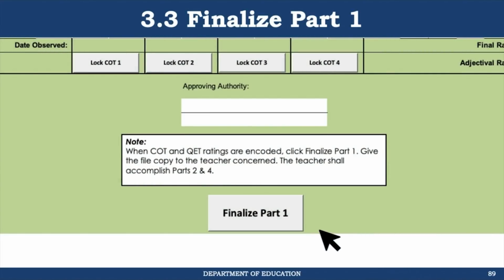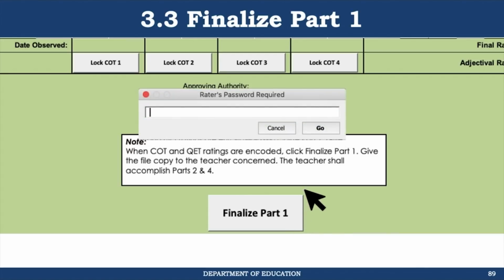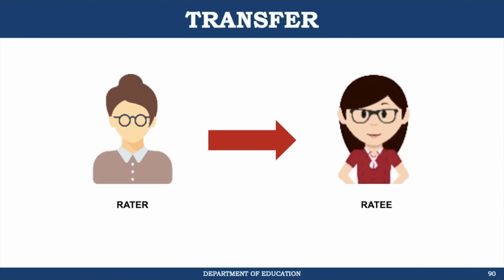Then, the rater will click Finalize Part 1 button, which prompts for the rater's password that was previously set. Input the rater's password and click Go. This locks Part 1. You will confirm that Part 1 has been finalized because the background color has turned red. At this point, the rater transfers the file to the Ratee.